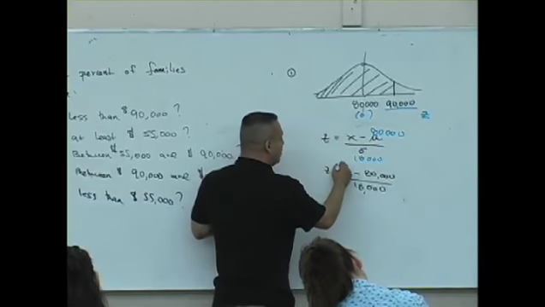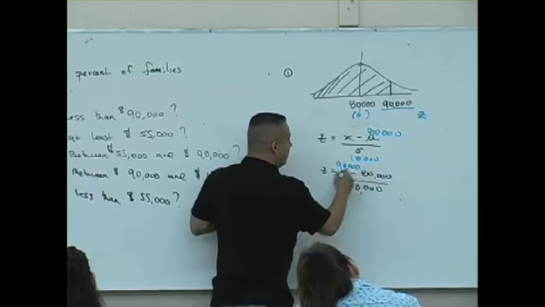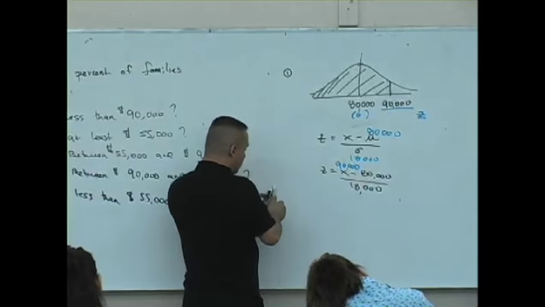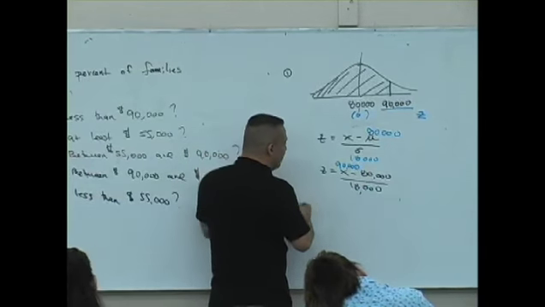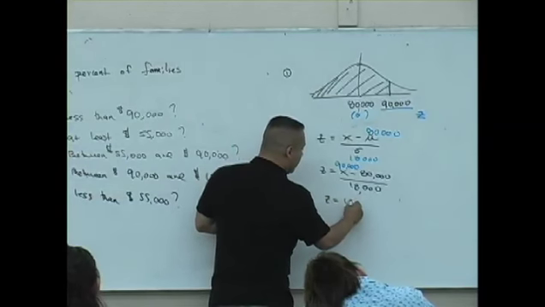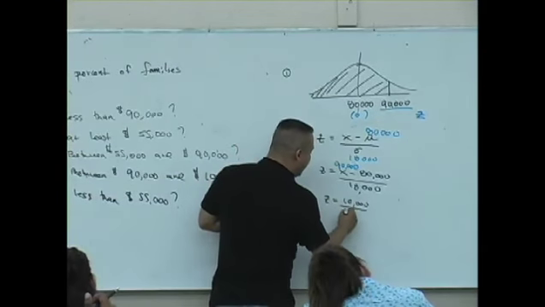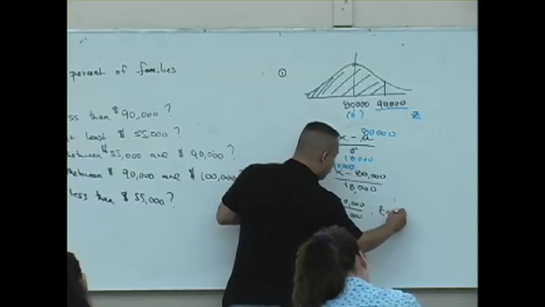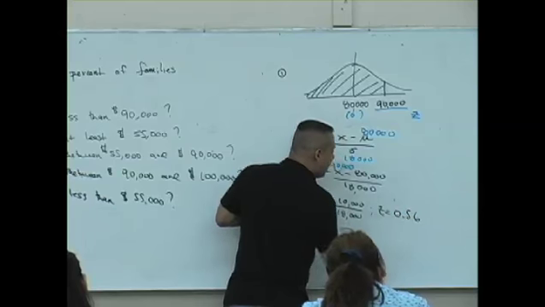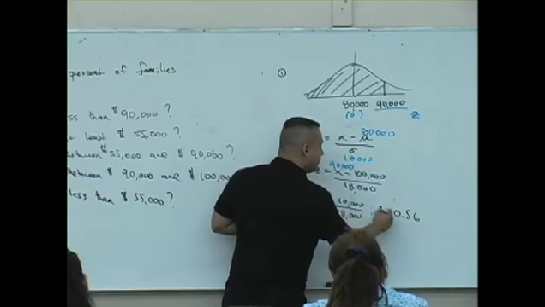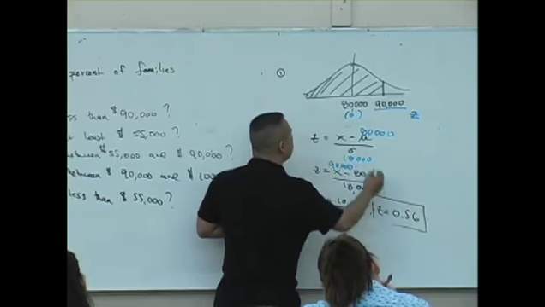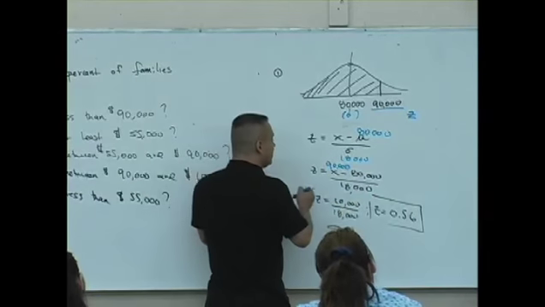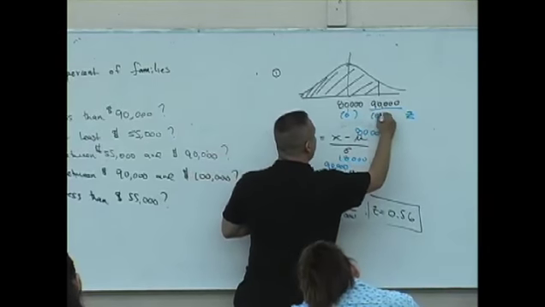So the 90,000 minus 80,000 divided by 18, you're right, is going to be what? 10,000. 10,000 divided by 18,000, what's that going to be? 0.56. Round this to the nearest hundredths. So then this is really 0.56.